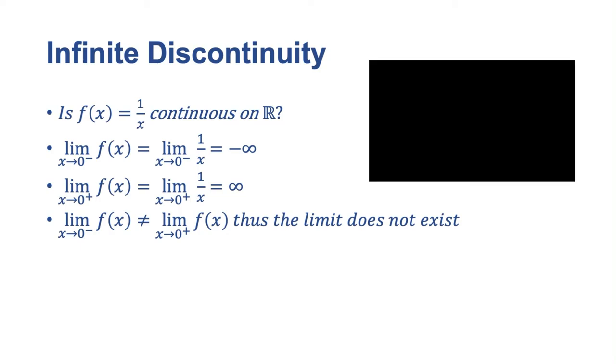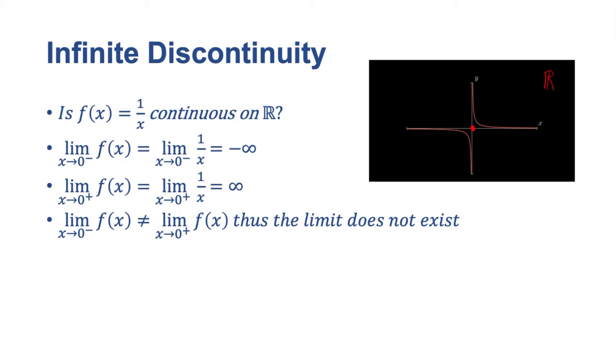So here's our graph. Everybody should know what 1 over x looks like, but I'm just going to show it anyways. And if I'm defining it on the real domain, as I said at the beginning, this point is defined on the real domain, so it's discontinuous there.